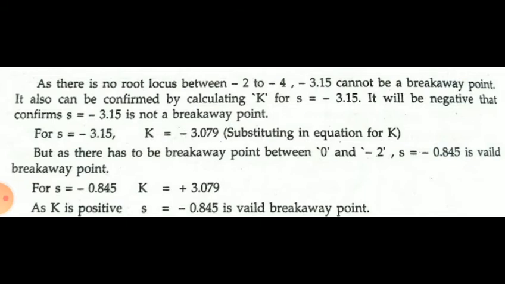But as there has to be a breakaway point between 0 and minus 2, s equal to minus 0.845 is the valid breakaway point. For s equal to minus 0.845, k will be plus 3.079. You can confirm by putting s equal to minus 0.845 in the expression of k. As k is positive, s equal to minus 0.845 is a valid breakaway point.